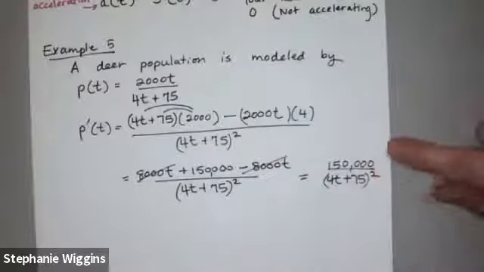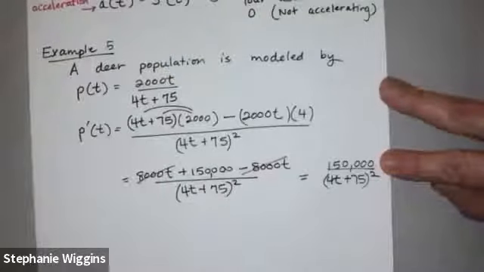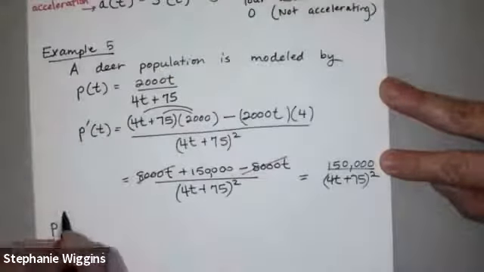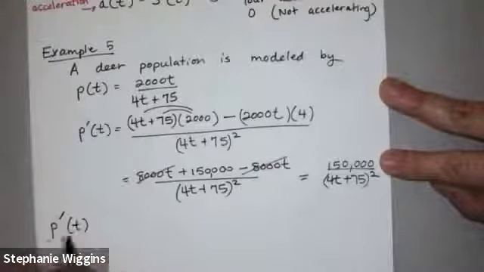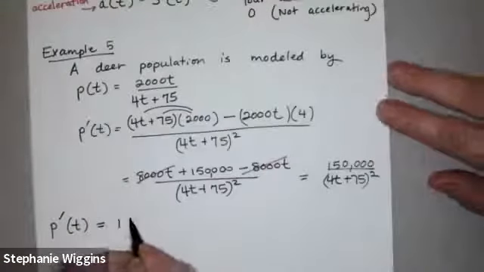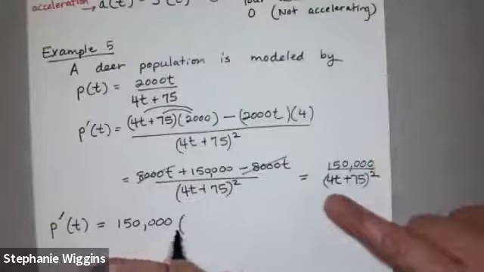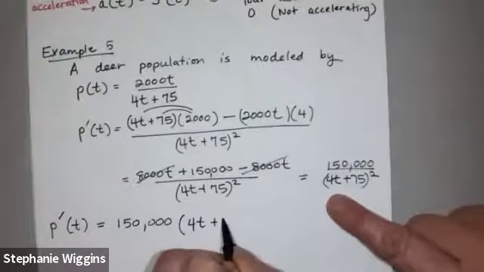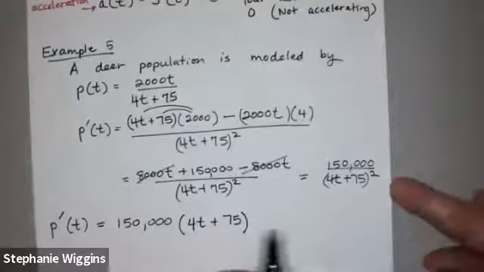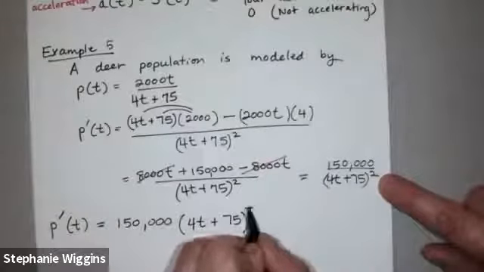Now, notice I don't have any variables in the numerator, so when I take the second derivative, I'm going to write the first derivative as 150,000, that's my numerator, multiplied by 4t plus 75 to the negative 2.